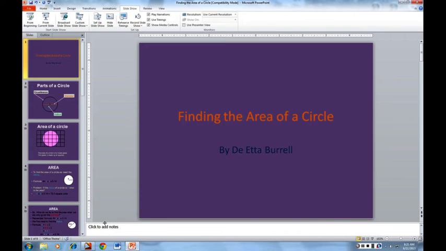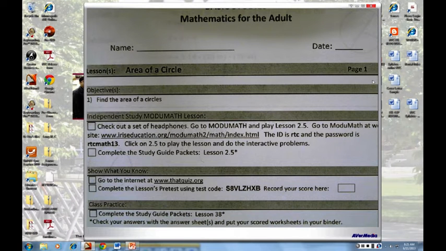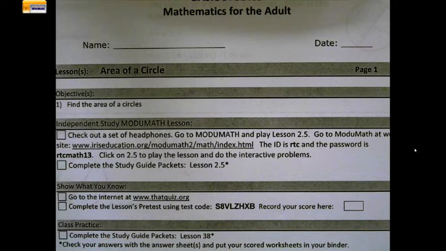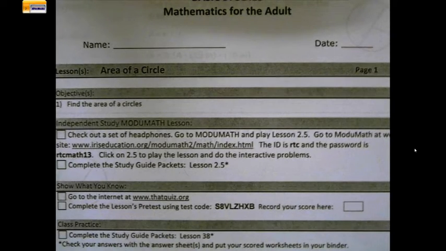Okay, let's look at your packet for today. A pencil? Oh, here's a pen, yeah. Okay, you guys have a pre-test and a post-test.